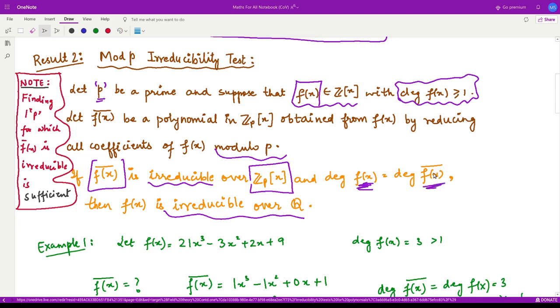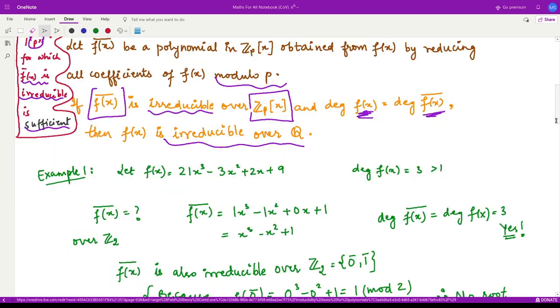So this is the result. Here one should note that if we find one such prime for which the reduced polynomial is irreducible, that would be sufficient to prove that the original polynomial is also irreducible, right? So let us understand this result by seeing an example.